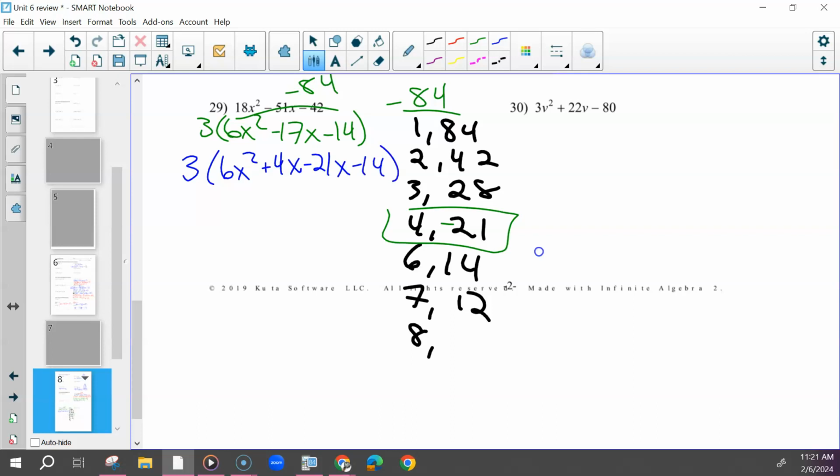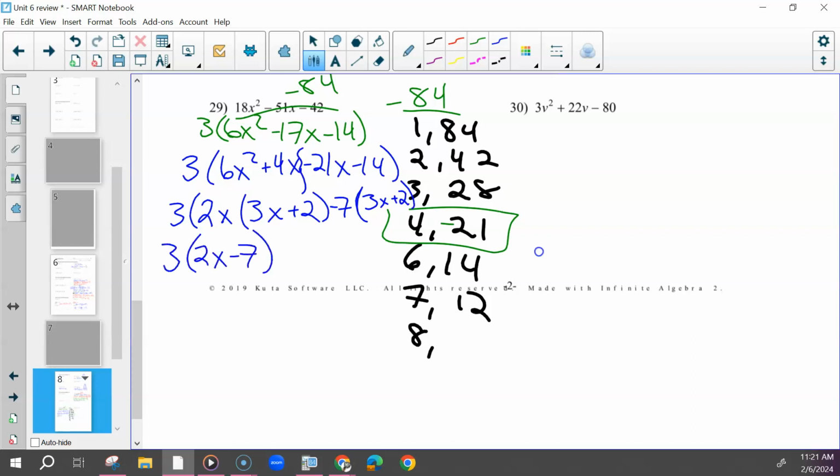Split it down the middle, and find what could be divided out of these two. 2x. 2 and x, leaving 3x plus 2. And then what could we divide out of these two? 7, but it would be negative. So negative 7, leaving 3x plus 2. We have 2x minus 7 and 3x plus 2.